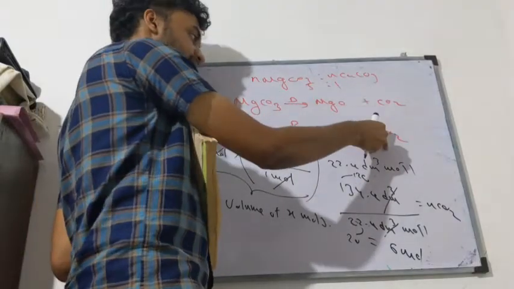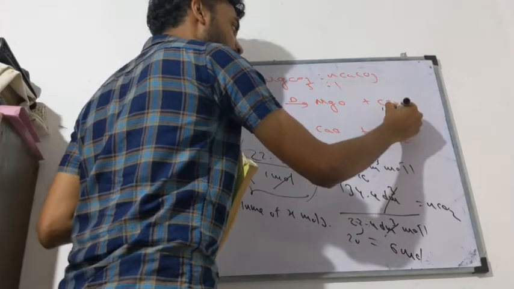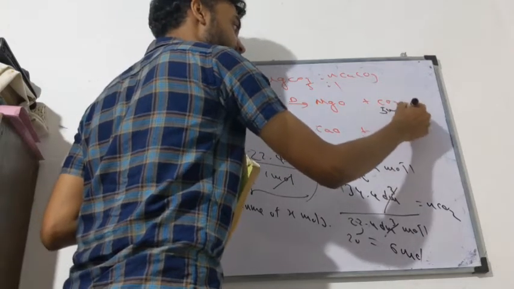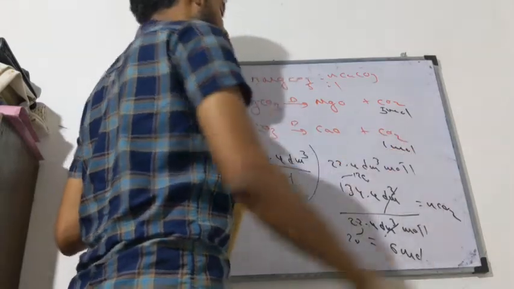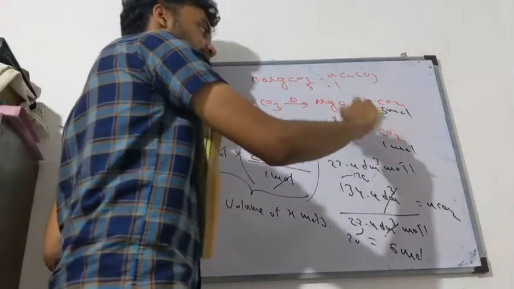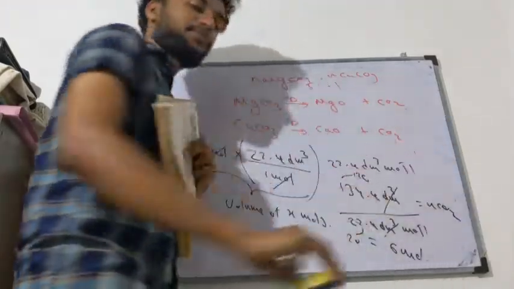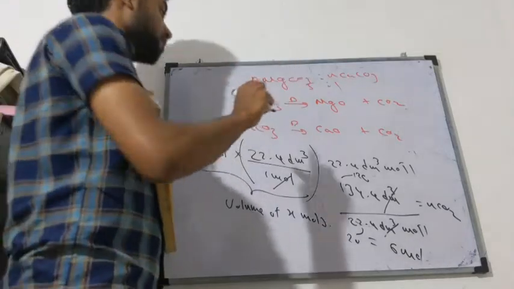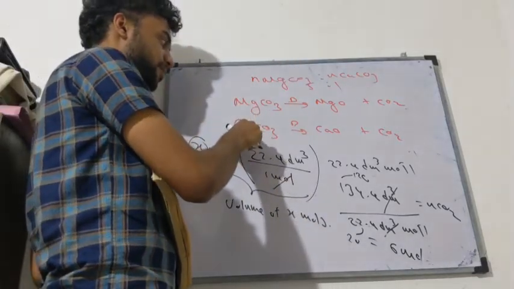This CO2 plus this CO2 gives me 6 moles. If I have 5 moles here, I should have 1 mole here. Let's explain very simply. The ratio of magnesium carbonate to calcium carbonate is 5:1.